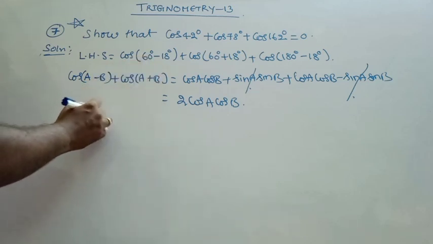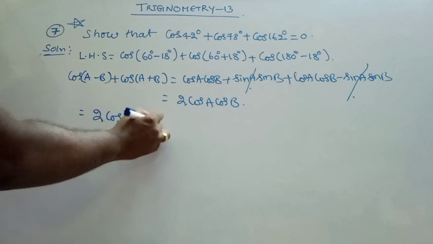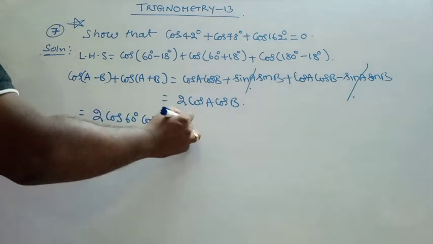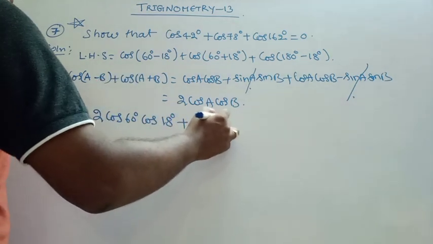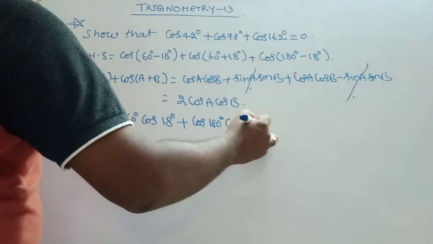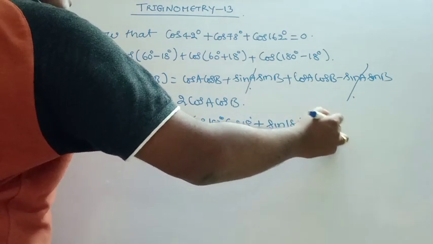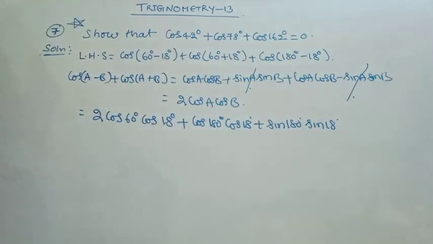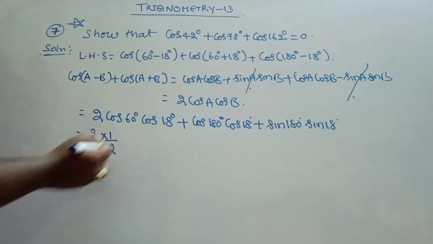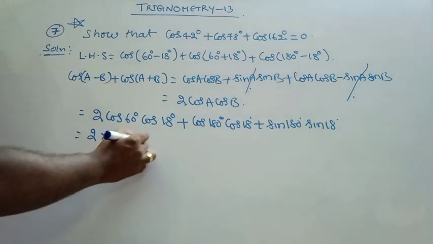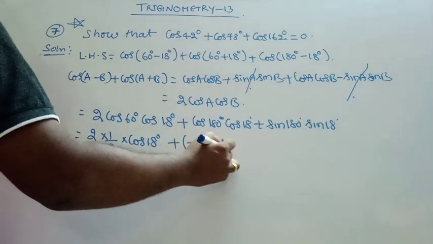Therefore our left hand side is now 2 cos A, where A is 60 degrees, into cos B, where B is 18 degrees, plus cos of 180 minus 18, which you can write as cos 180 cos 18 plus sin 180 sin 18, because cos A minus B is cos A cos B plus sin A sin B. Now this is 2 into cos 60 degrees, which is 1 by 2, times cos 18 degrees, and cos 180 degrees is minus 1, times cos 18 degrees.